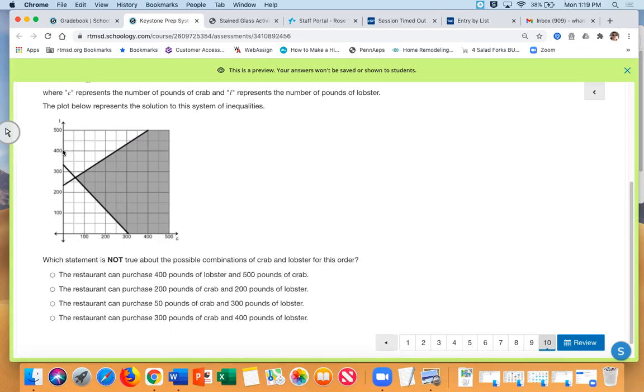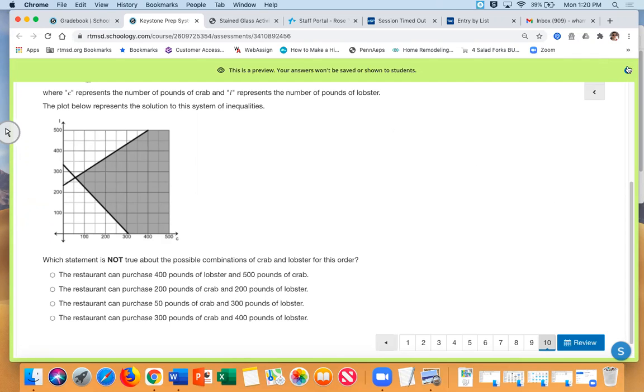So 400 lobster, 500 crab, that's totally in there. So that's not my answer. 200 pounds of crab, that's right there. And 200 pounds of lobster, that's in my shaded area. 50 pounds of crab, that's the one. 300 pounds of lobster, it's that one. It's not in the shaded area. So it's not a solution. So it's the 50 and 300.